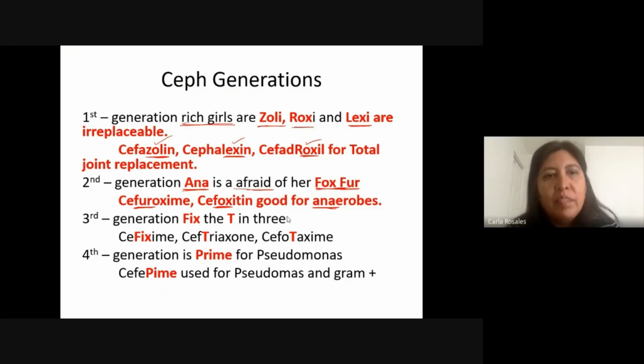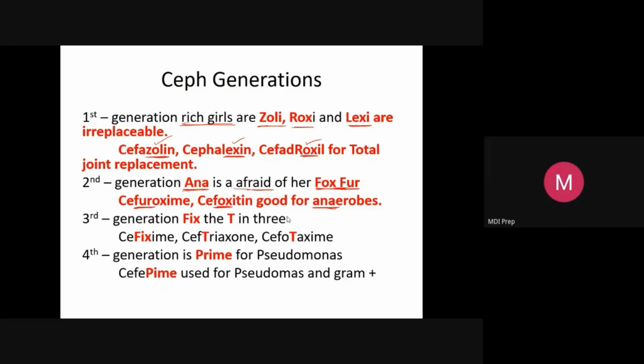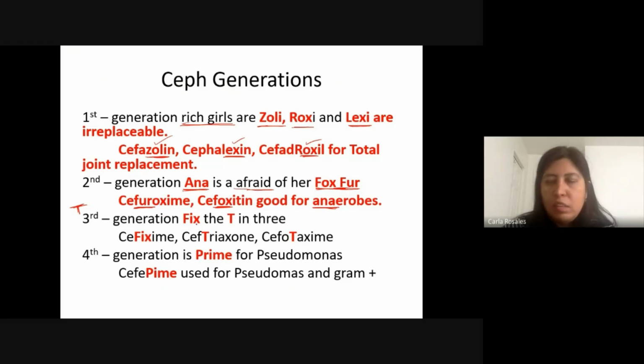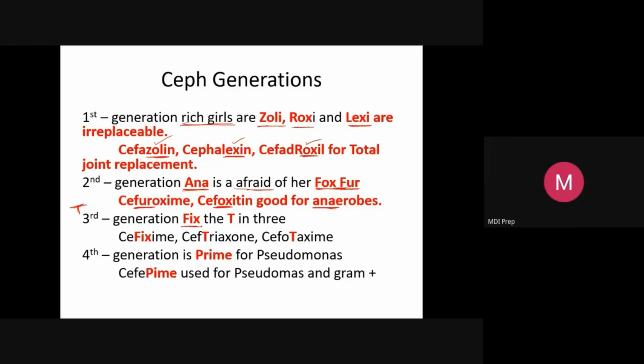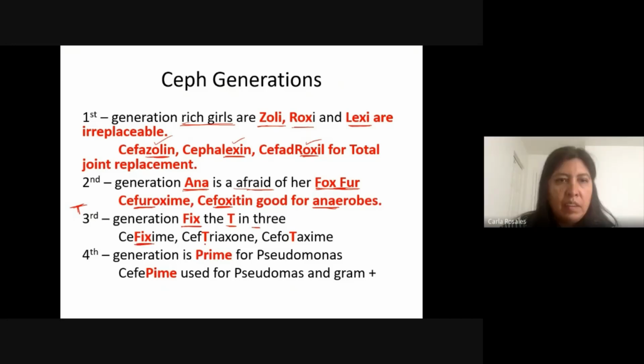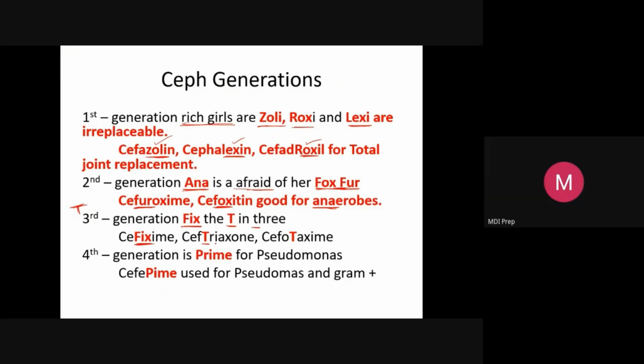No. Okay. The third generation, I always say the third starts with the letter T, right? And I like to say you have to fix the T, the letter T in the number 3. Fix the T because the T is crooked. So fix, see the fix? You fix the T, you see tri means 3, right?